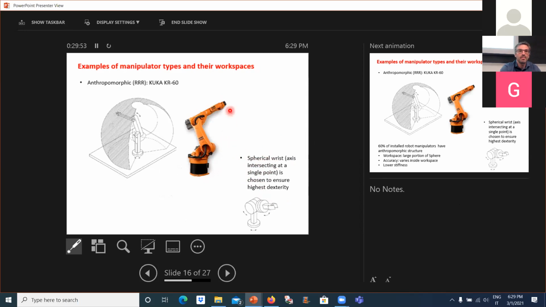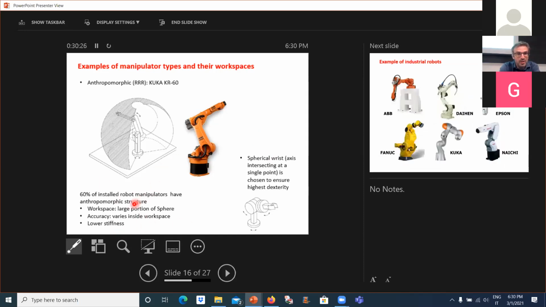So it's another part of the robot that has what we call the spherical joint: three revolute joints with intersecting axes that are able to orient the tool, the end effector. So we are able to achieve any orientation. With the first 3 degrees of freedom, we achieve the positioning of the end effector, and then with the additional 3 of the wrist, we achieve the orientation.